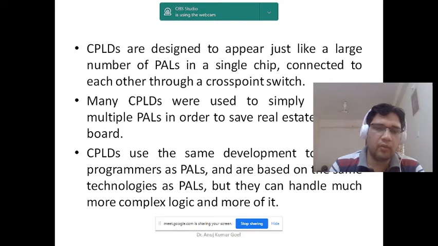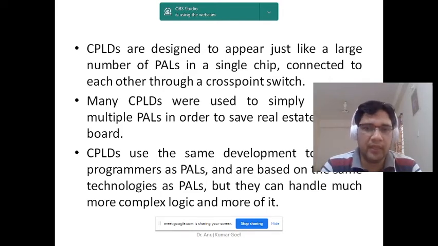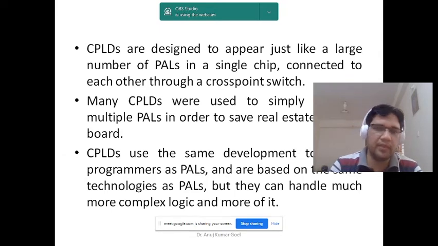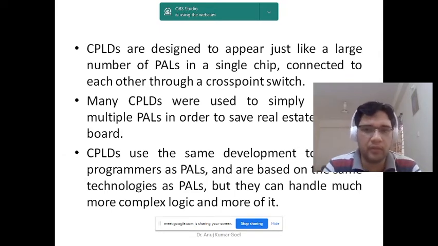So these are also used in the CPLD, which is based on the same technologies as PALs, but they can handle much more complex logic and more of it. They can handle much more complex logic. Why? Because many PALs are there. One PAL can implement 2 or 3 functions, so with many PALs they can implement large complex functions.